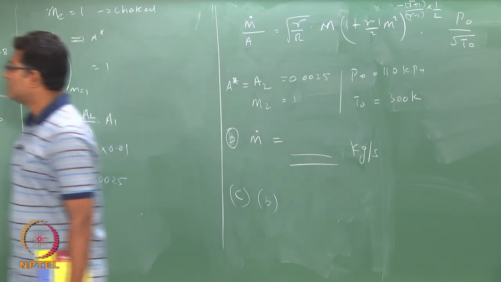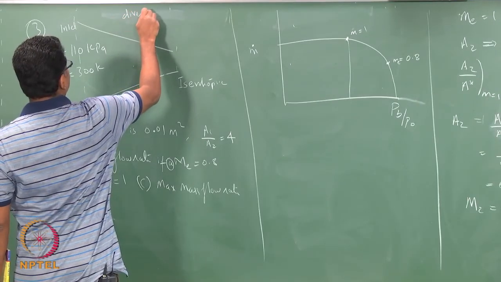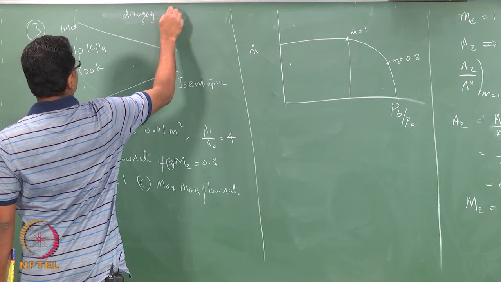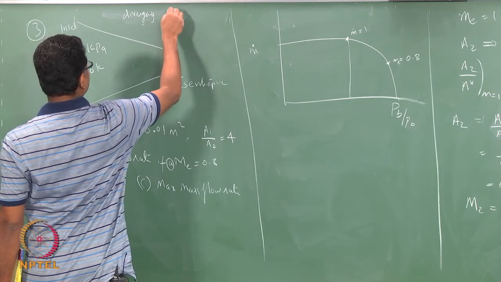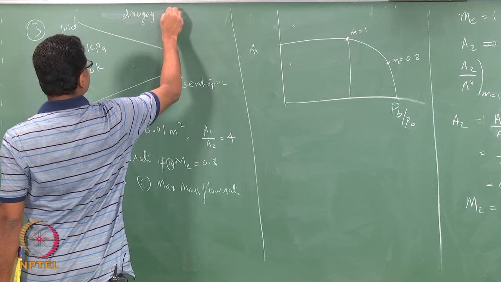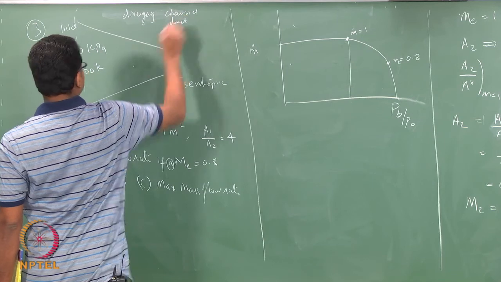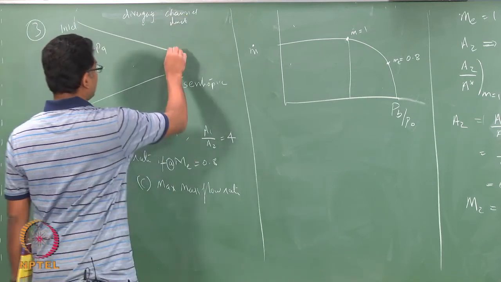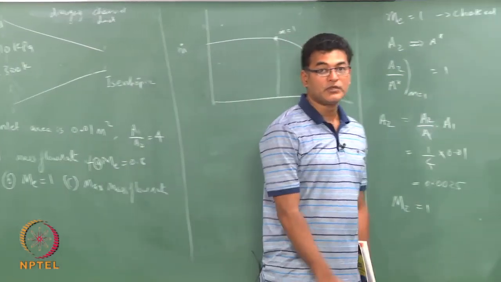Now, we can actually do the problem for a diverging channel or duct as well. So, the same process. Okay. So, you can reverse the problem and do whatever it wants.